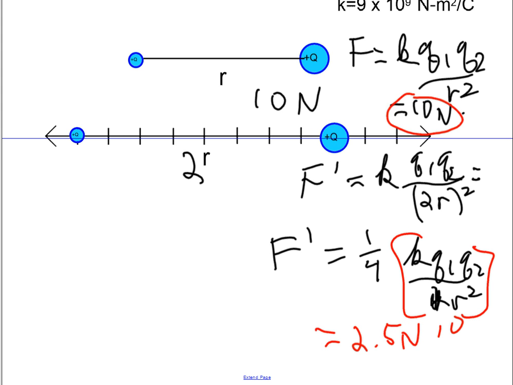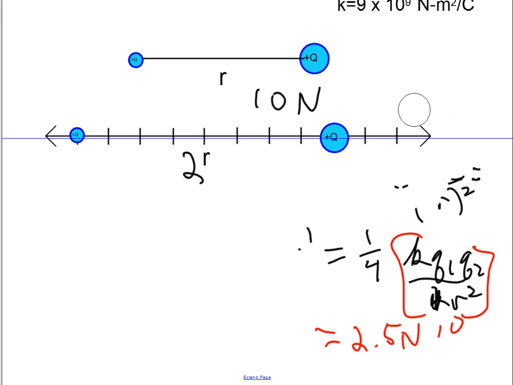What if both the distance and the charge changed? Let's do an example of that. Let me first erase this material.